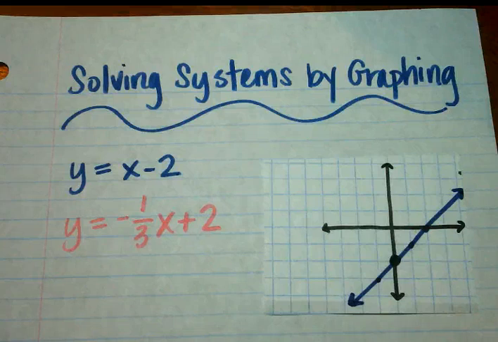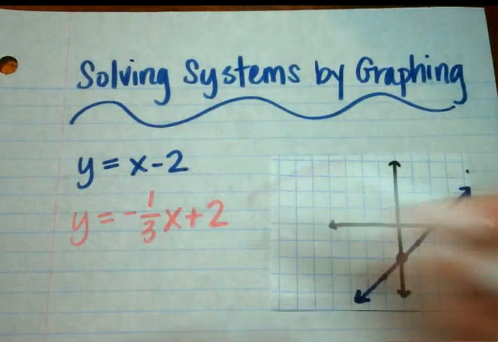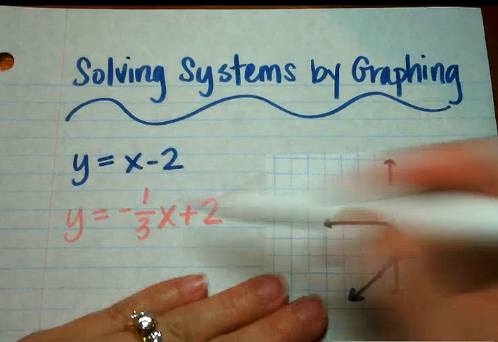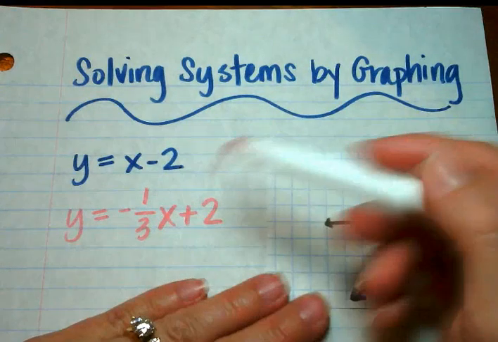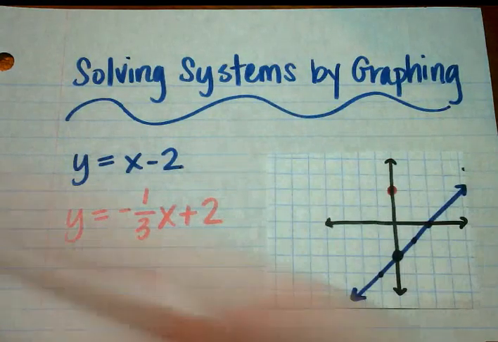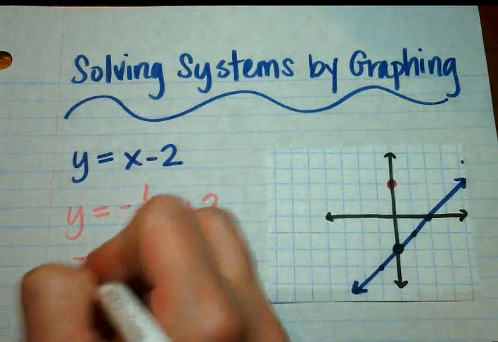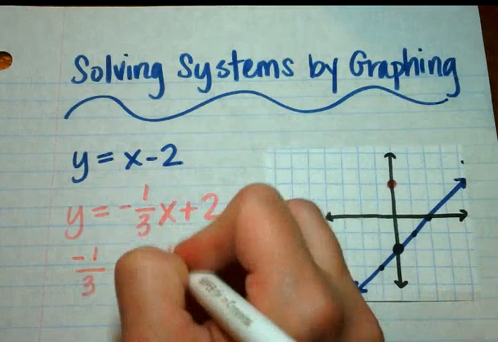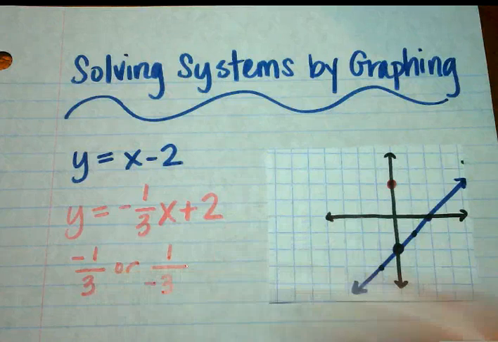All right, for the second line, we're going to start with the 2. So that's right up here. And then this slope is negative 1/3. So what that means is that we can go down 1 and right 3, or we could go up 1 and left 3.